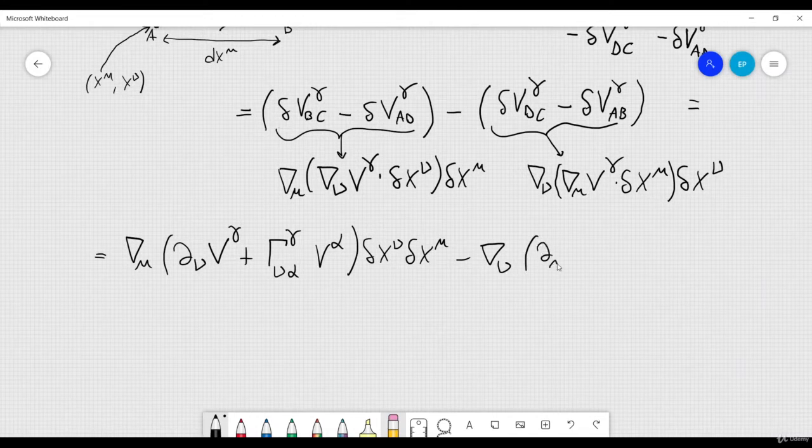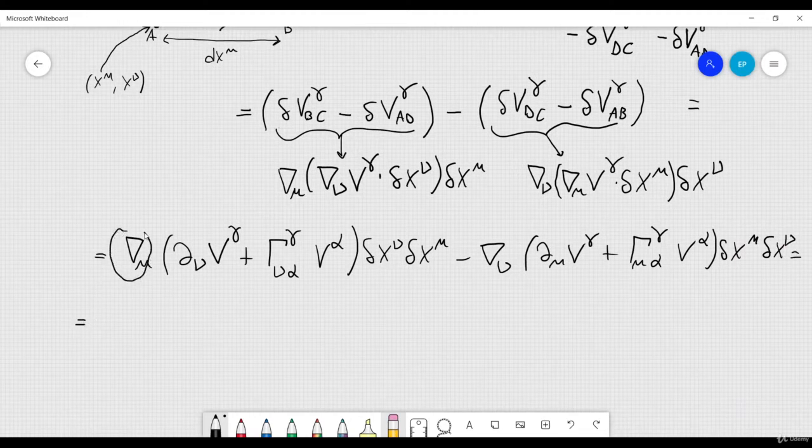Here we have del mu V gamma plus Christoffel symbol gamma mu alpha V alpha delta x mu delta x nu. And now we can also use the definition of this covariant derivative here and also this one. So we'll replace their expressions.